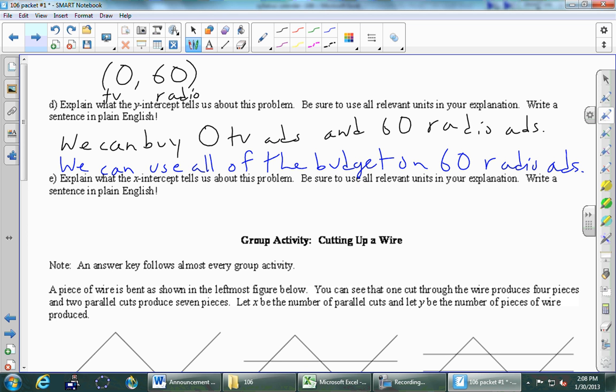Again, it doesn't have to be word for word. Just looking for you to convey the idea that you understand exactly what these 2 letters X and Y represent.